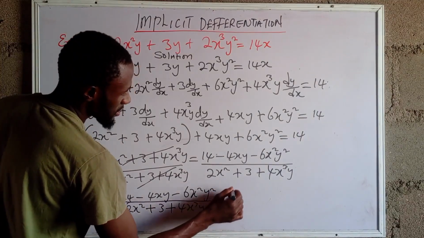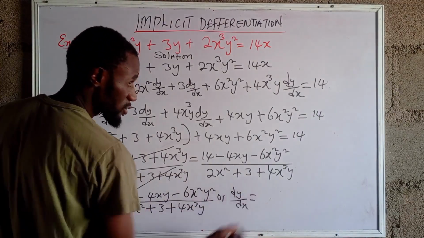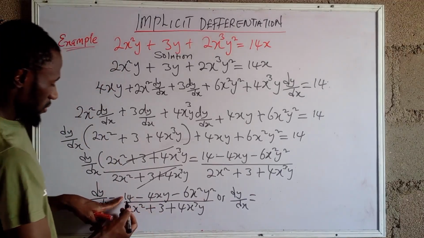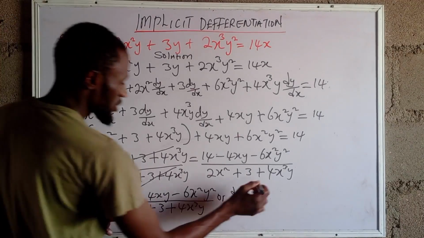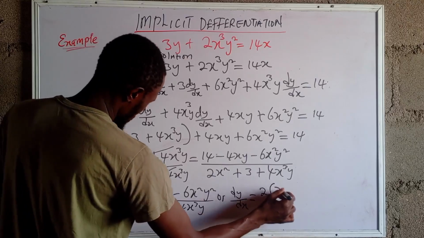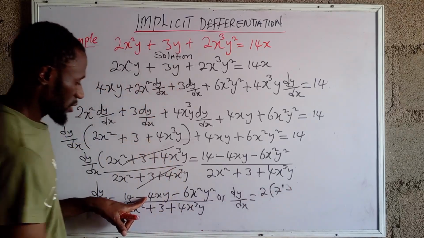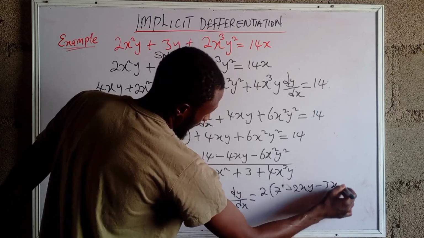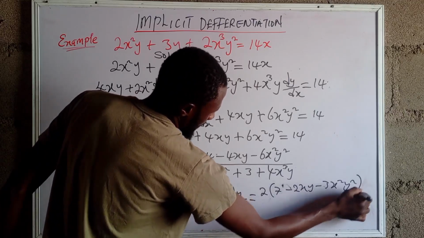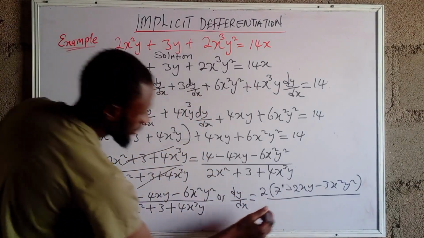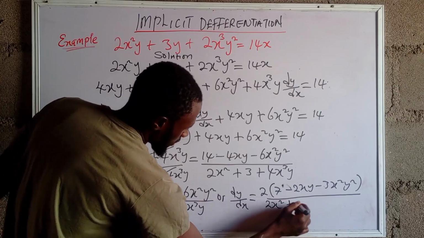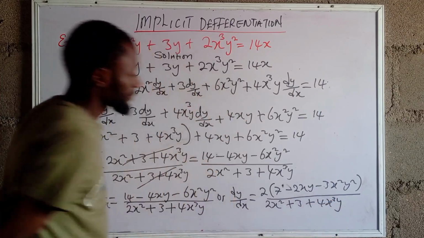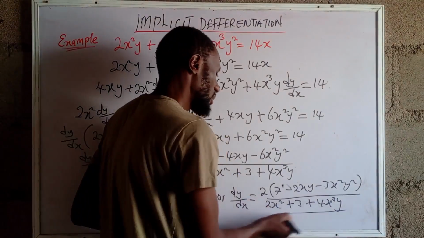So dy over dx equals, factorizing the numerator, because 2 can enter 14, 4 and 6, let's use 2 outside: 2 open bracket 7 minus 2xy minus 3x squared y squared, all over 2x squared plus 3 plus 4x cubed y. Then that is our solution.